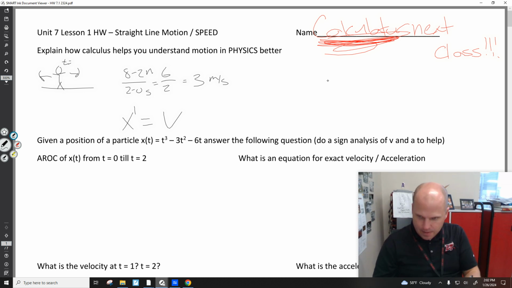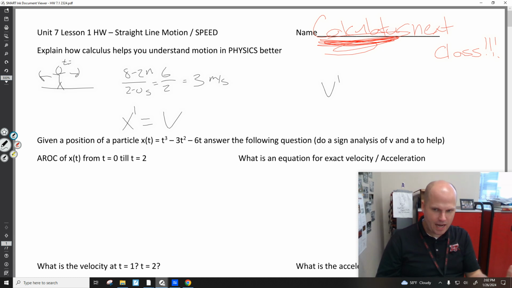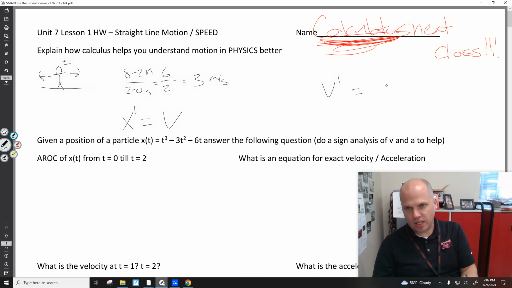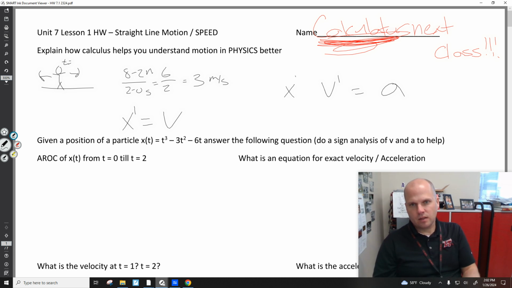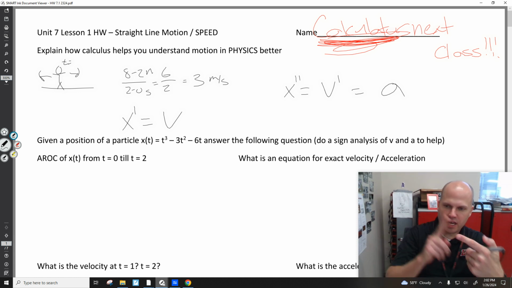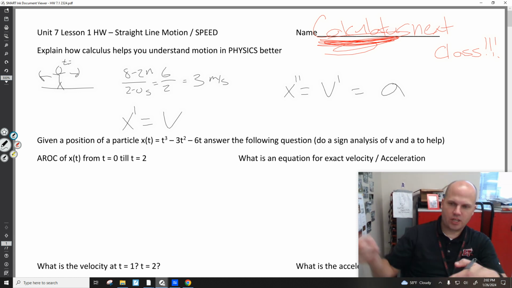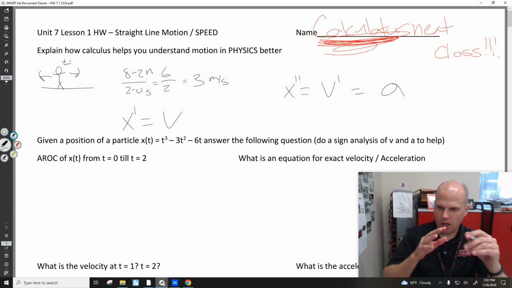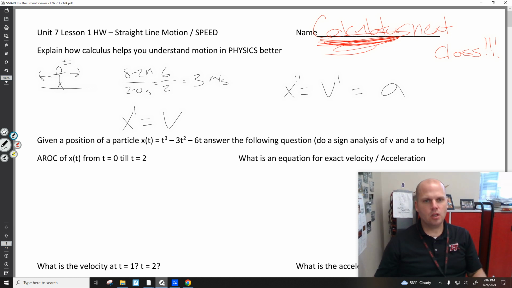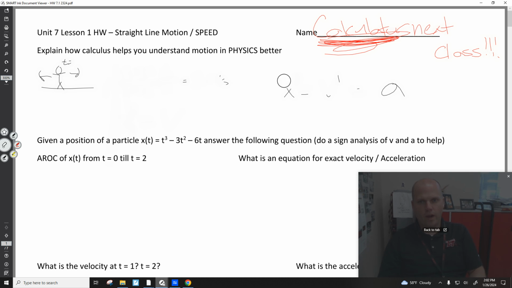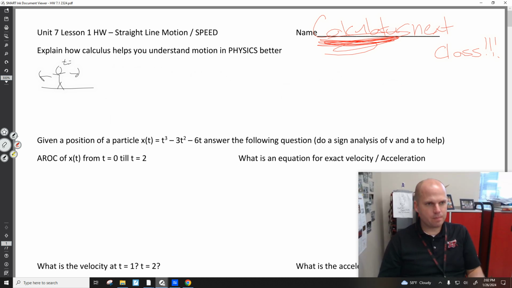Then we could do the same thing to realize that how quickly velocity is changing would give us an acceleration in meters per second squared. And what we realize is that the rate of change of a rate of change of position is acceleration. The rate of change of position is velocity. We get this idea, and probably the easiest thing to talk about, where we have f prime, f double prime. We are used to something, its rate of change, and the rate of change of its rate of change.